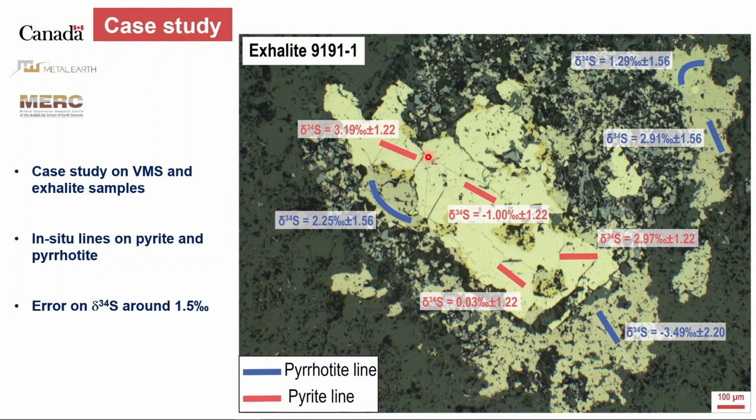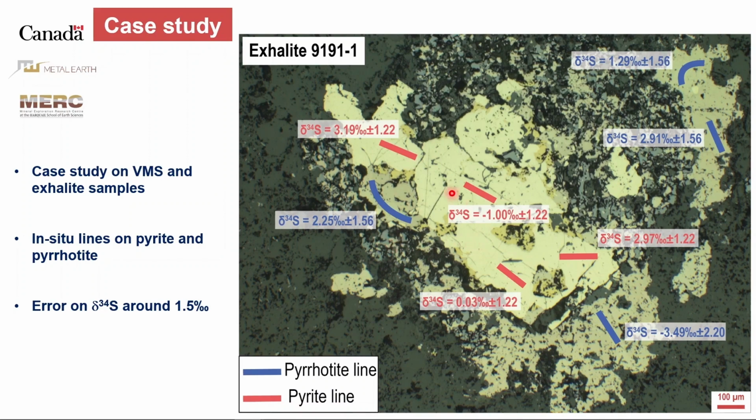Here there are different lines on pyrite and pyrrhotite. So far we can analyze just pyrite and pyrrhotite because we only have standards for pyrite and pyrrhotite. We have one standard for chalcopyrite, but we need another one to have a secondary standard. For each line we can determine the isotopic signature. It's an in situ technique.